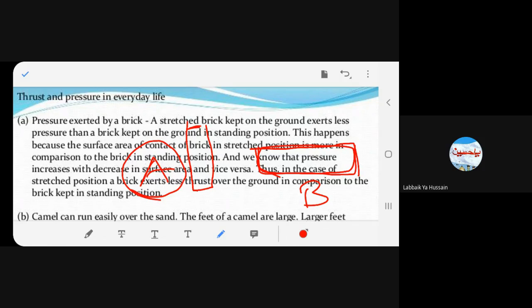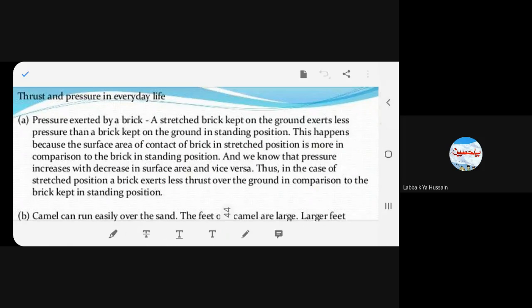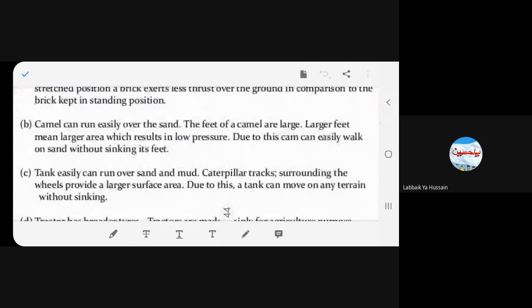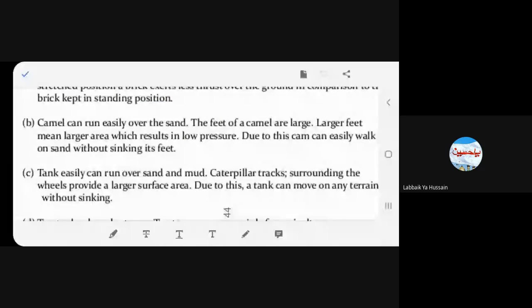So less area, more pressure. In B, more area, less pressure. You understood? All of you? So if area is less, pressure will be more. This is what has been taught in the first instance. Let's see the next example.